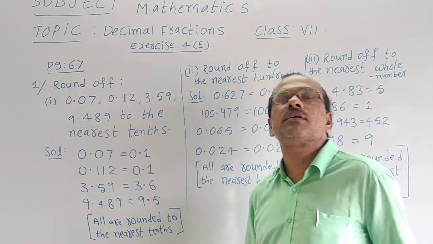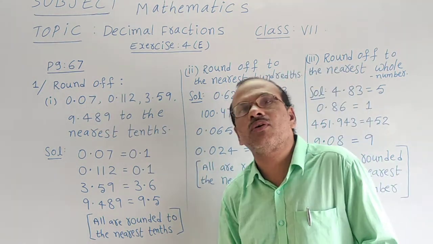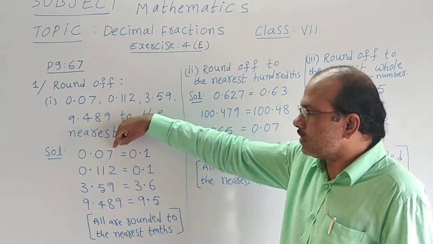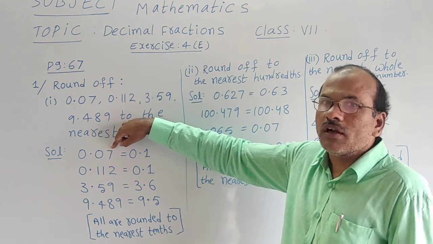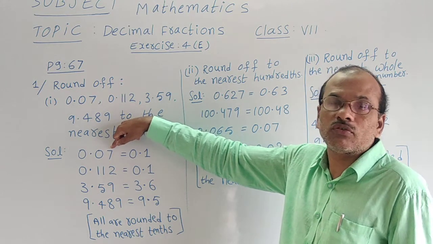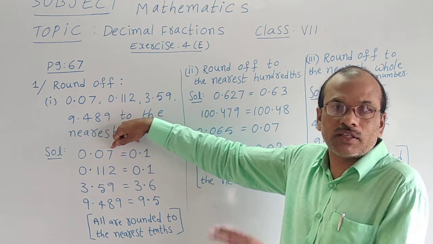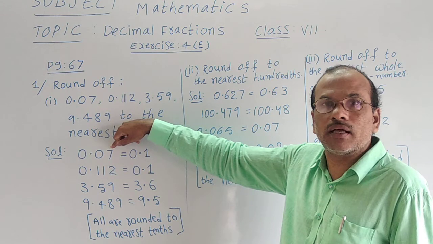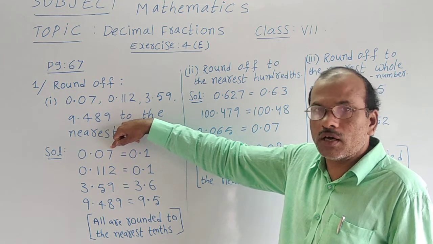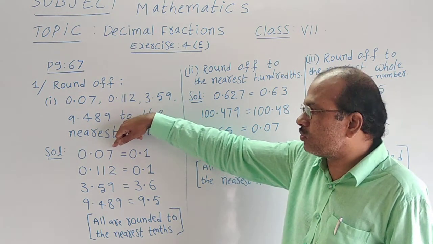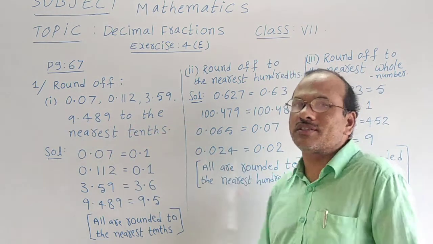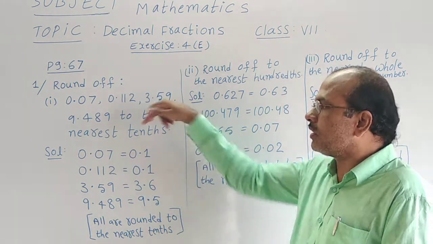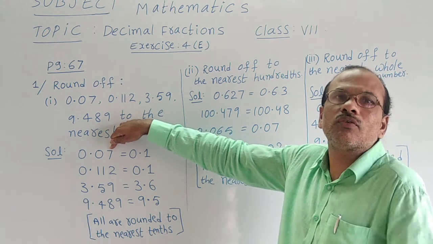Why is that 7 giving 1 to the previous 0? Because if this digit is either equal to 5 or more than 5, and we want to remove that digit, then 1 should be given to the previous digit. Then we can ignore the digit we want to remove.